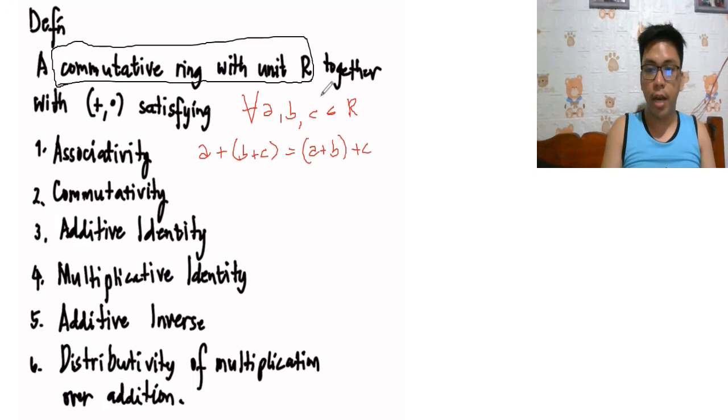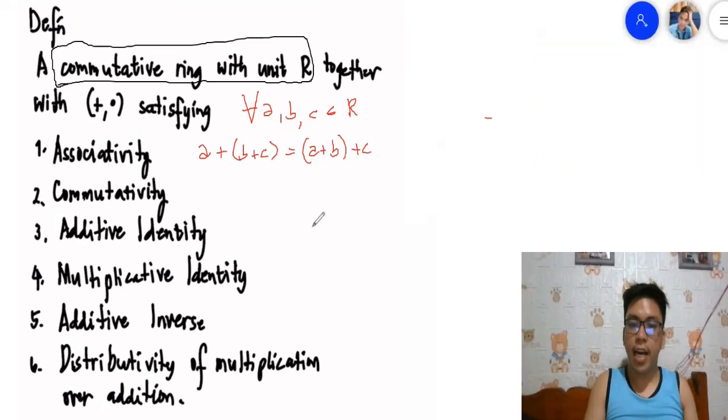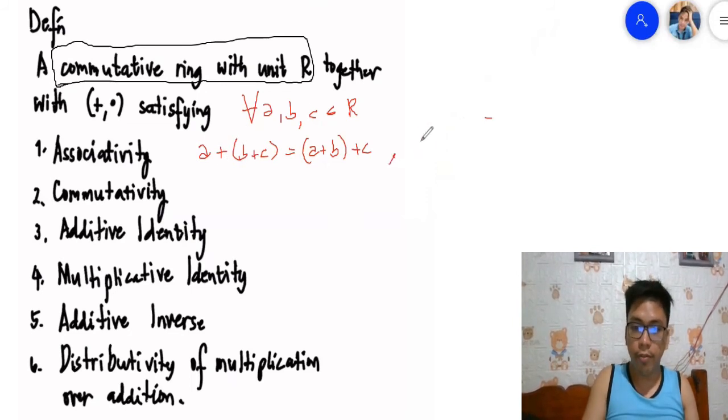So you're actually taking the grouping symbol here. That's basically the associativity over addition, and we also have this one here, and that's associativity over multiplication.